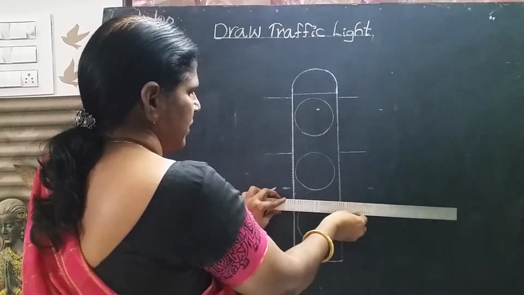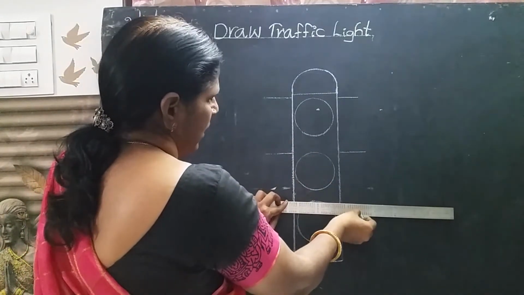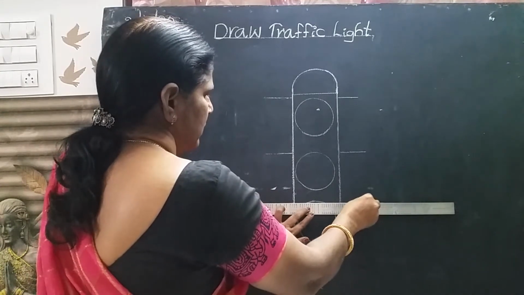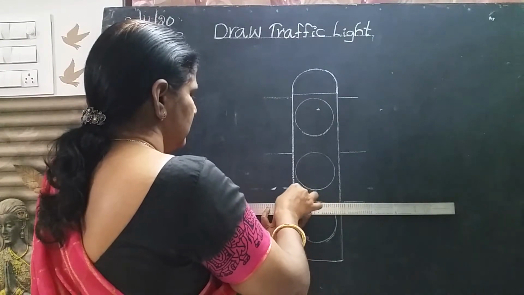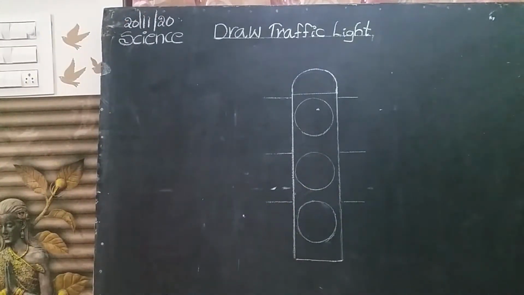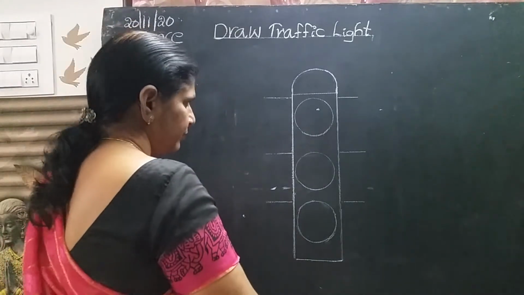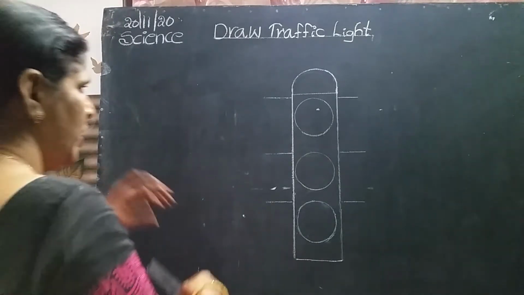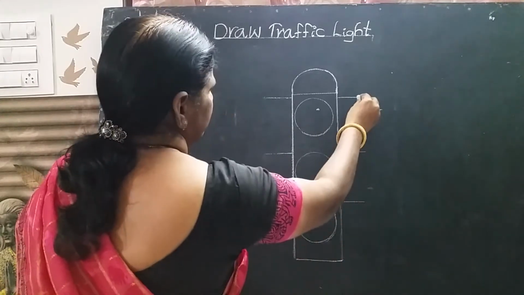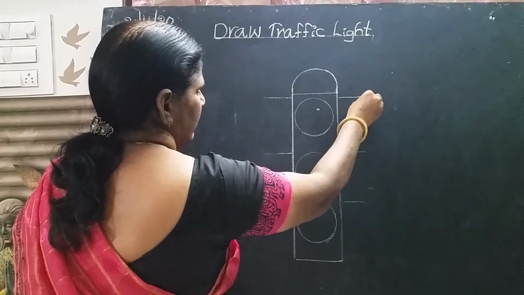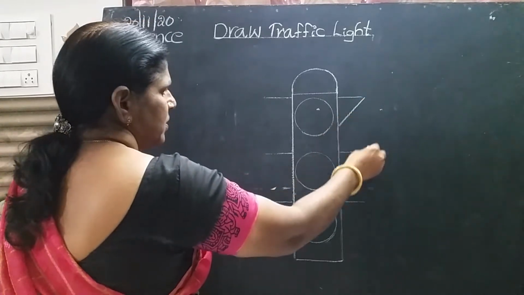Okay, third circle. Now draw one straight line near the third circle like this. Yes, draw like this.